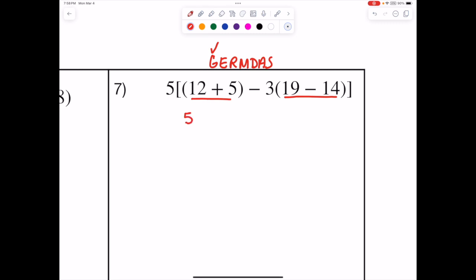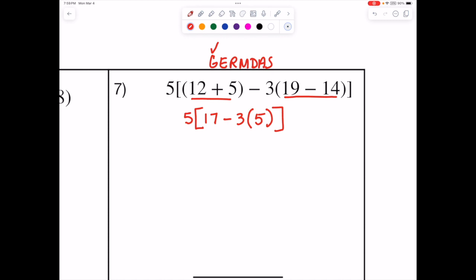So we have 5, and it's times this quantity of 12 plus 5 is 17. Okay, and then we have minus 3 times the quantity of 19 minus 14. So we have 14, 15, 16, 17, 18, 19. So that's 5. And then we have this grouping here.